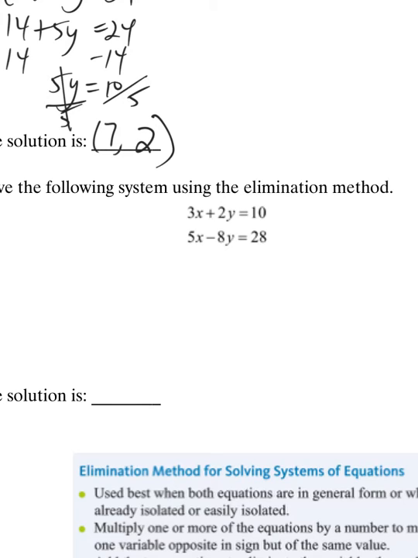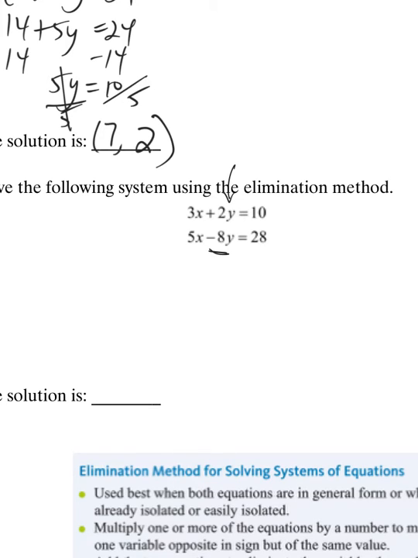You get to pick which one you want to use depending on what you're given. In this case, I'm looking at 3x and 5x. I could cancel them out, but I would have to do a lot of work. I'm looking at negative 8y. In order to cancel it out, I would need to combine it with a positive 8y, and I have a positive 2y here.